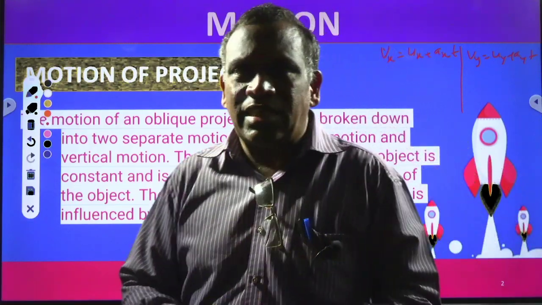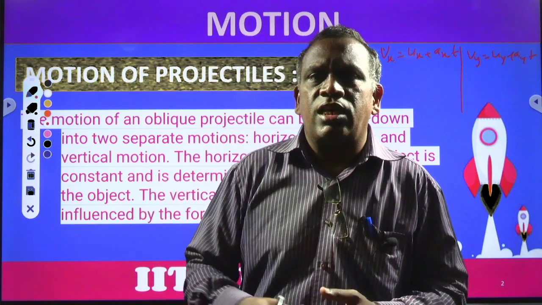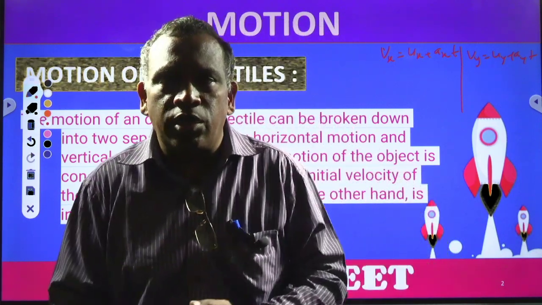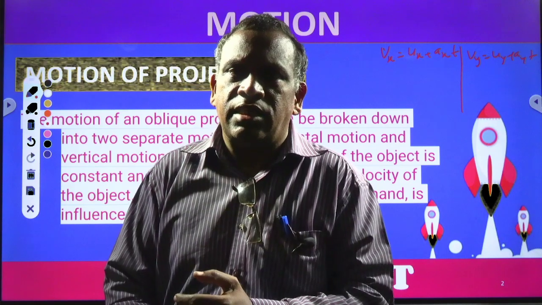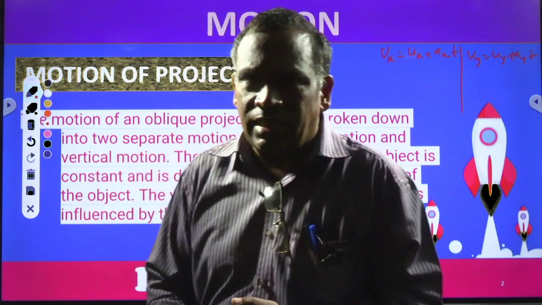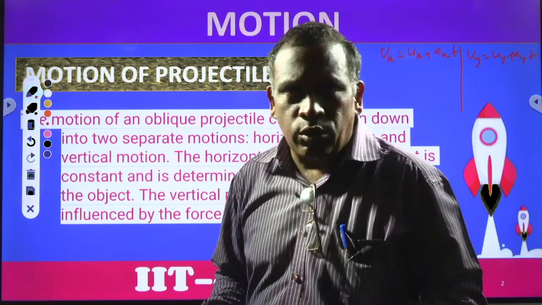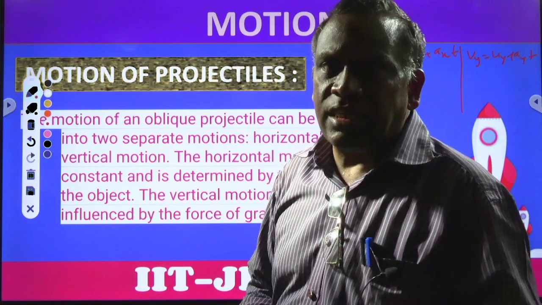Similarly, the acceleration along the x-axis, ax, will be 0 in the case of oblique projectiles. ay should be considered as minus g, the acceleration due to gravity.